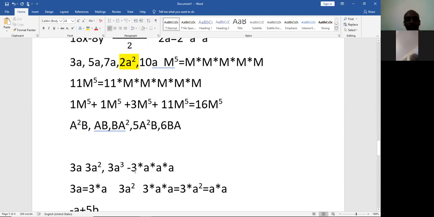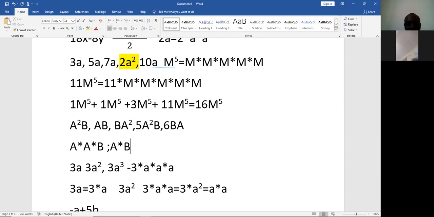So we come here. So a squared b, ab, ba squared, 5a squared b, and 6ba. Now, a squared b means a multiplied by itself, then multiplied by b. ab is a multiplied by b.